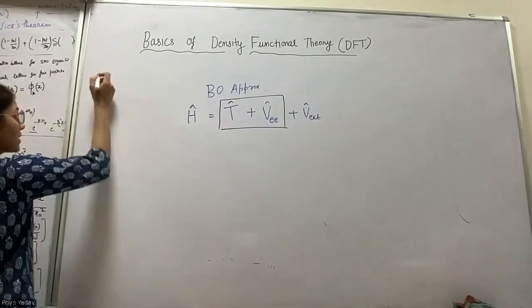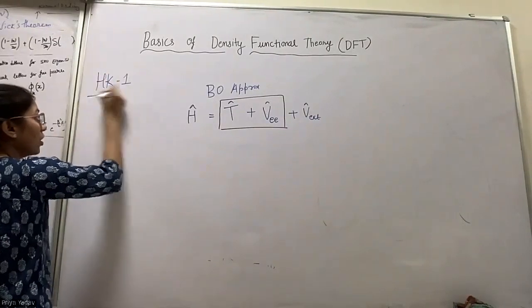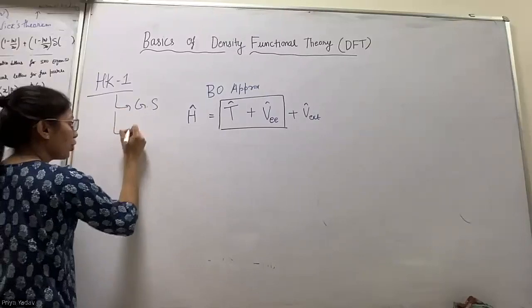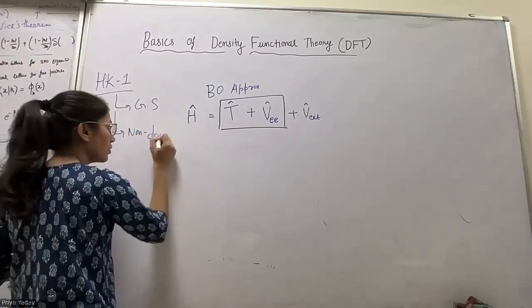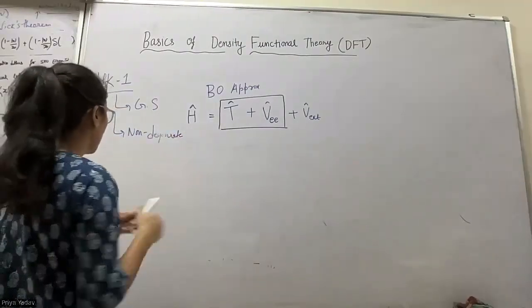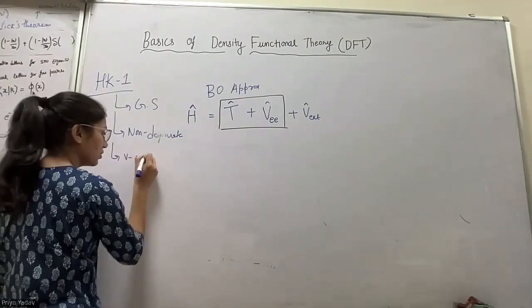I'm writing it as HK1. This is for the ground state and for non-degenerate. And there is something called V-representability, which I'll explain later.